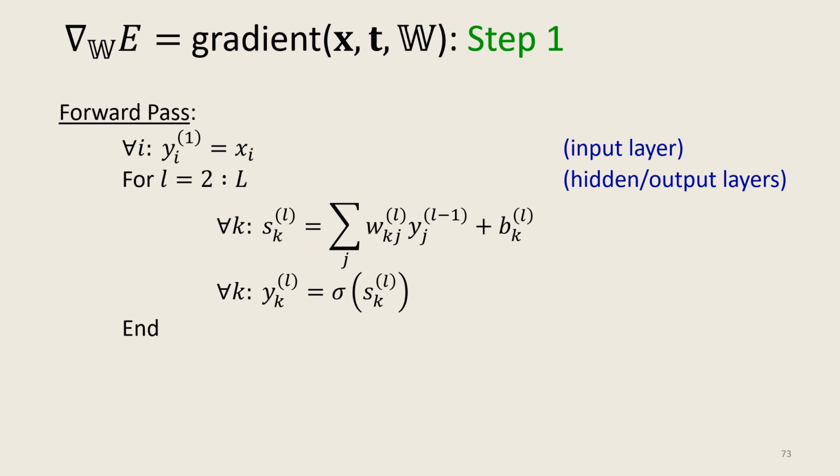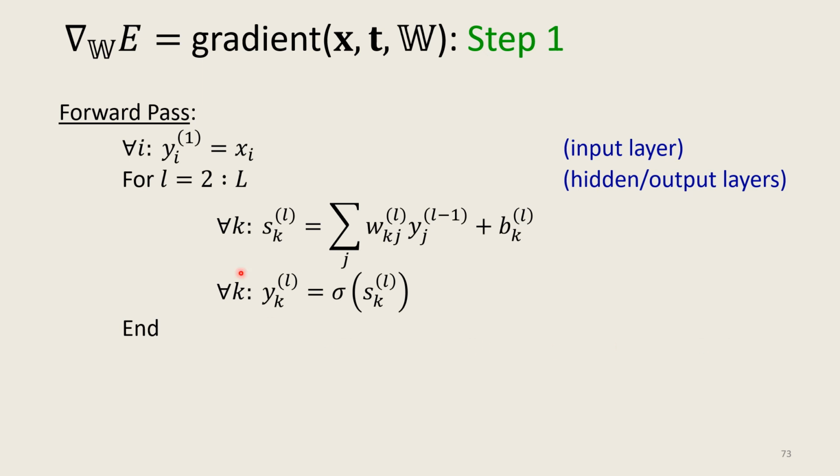So this is step 1, the forward pass. We know that for the input neurons, the output Yi is equal to the input to the neural network itself, Xi, and then we go from layer 2 all the way to the output layer L. We compute Sk, the net input of each neuron, and then we compute the output Y as sigma of S of that neuron.